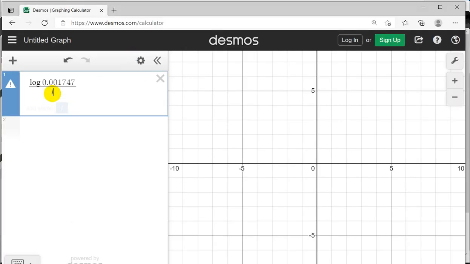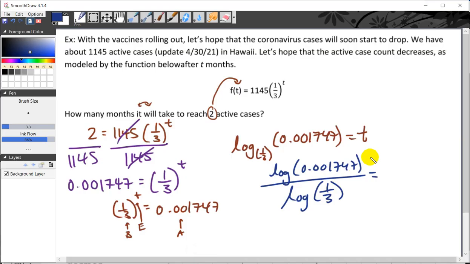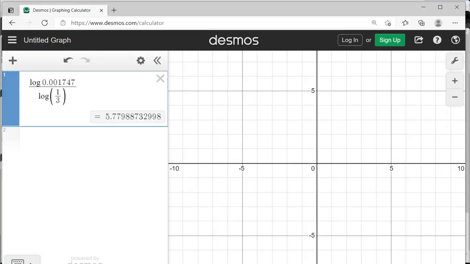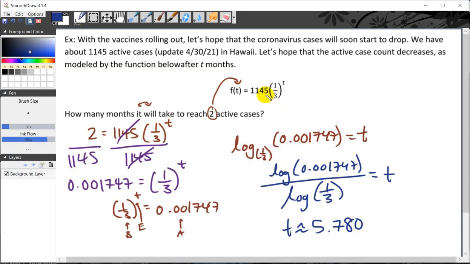If I round to the nearest thousandth, it's about 5.7798, so we'll say 5.780. So t is approximately 5.780, and that's how many months it would take.